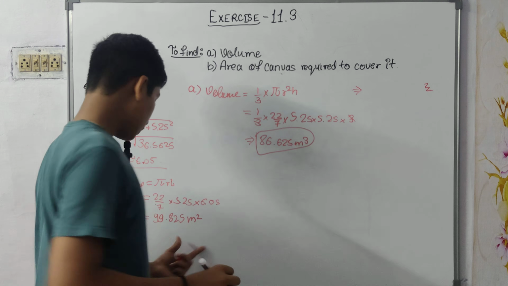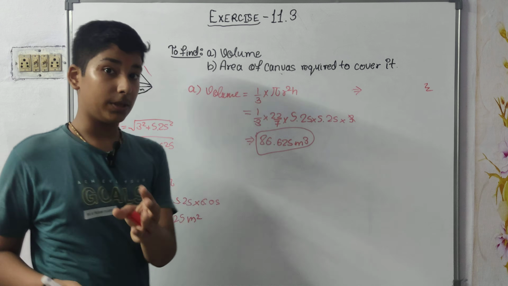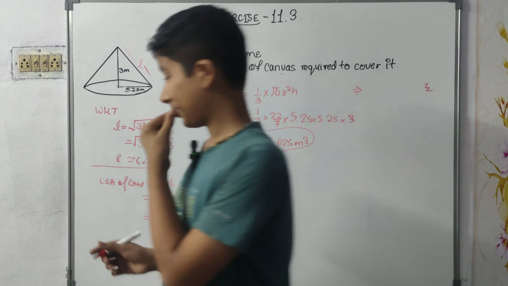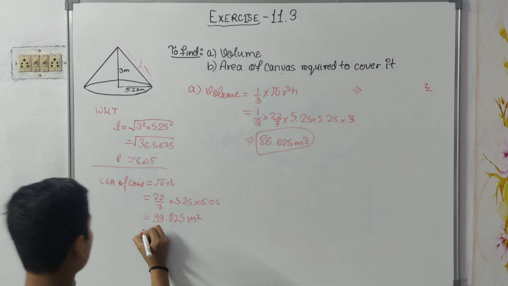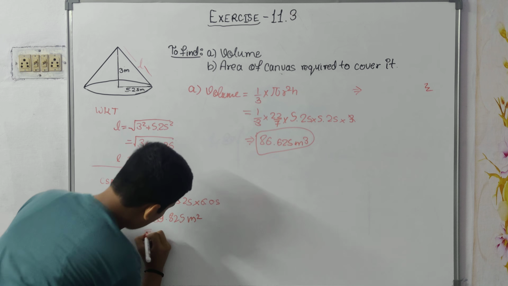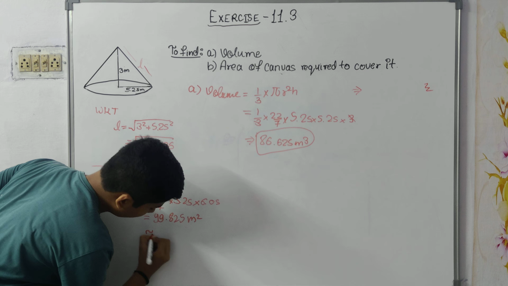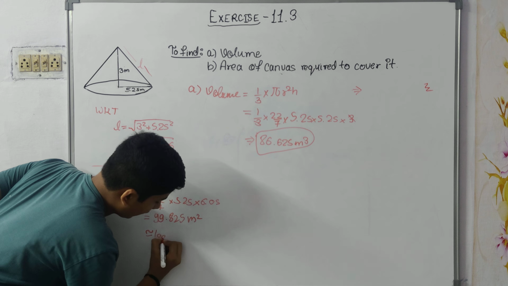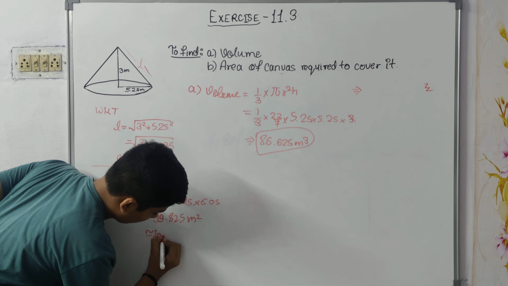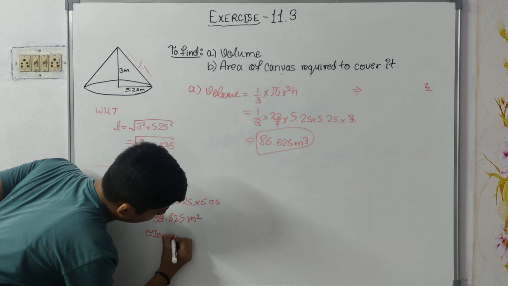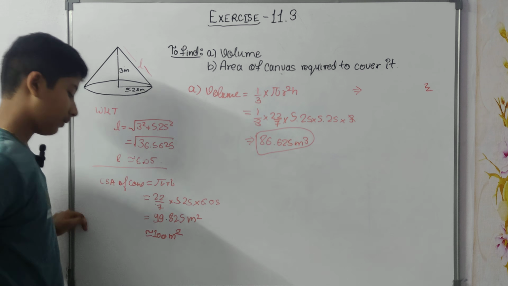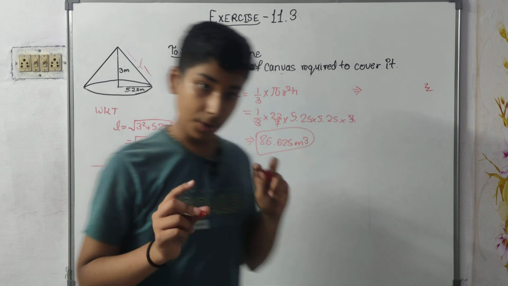Or if you make it approximate, it would be approximately equal to 100 meter square. 100 meter square is the approximate answer.